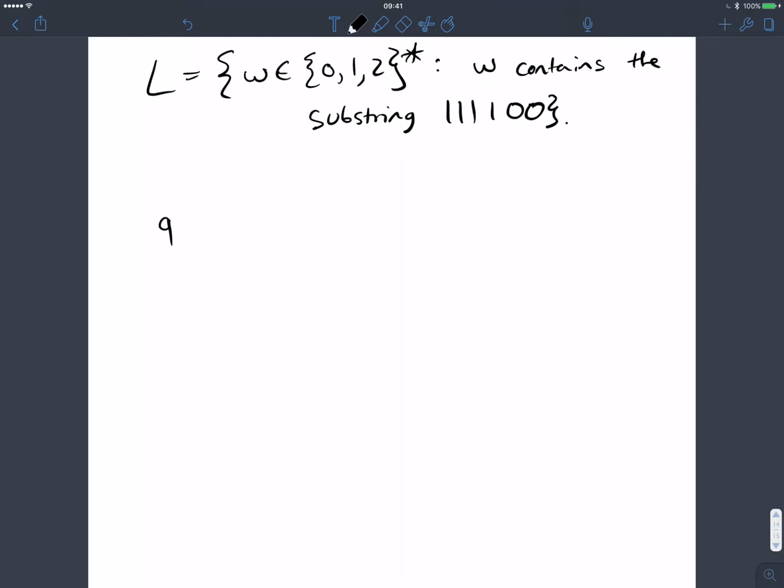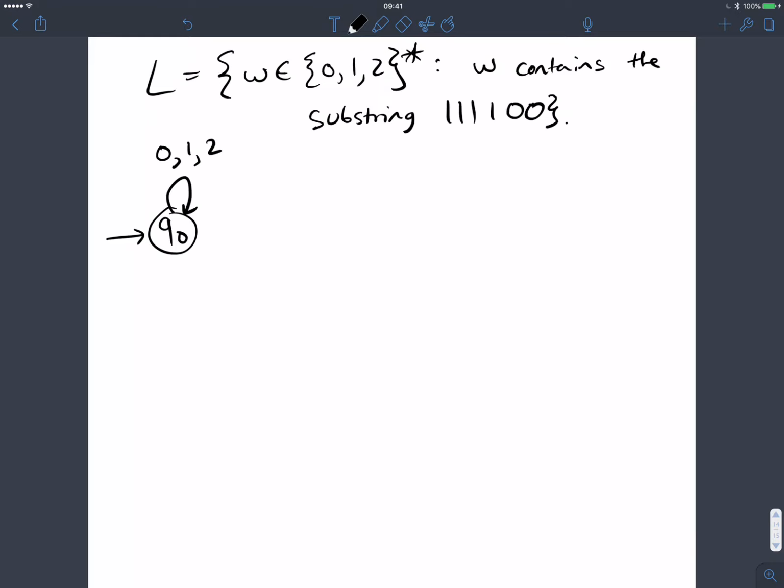So we're going to have a pretty long NFA, but we're just going to spawn off characters at the beginning. Well, it could be a 0, 1, or 2. And then now I need to non-deterministically choose.